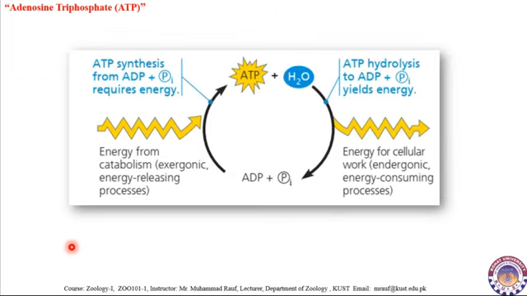This is the ATP cycle. ATP is synthesized and then hydrolyzed back into this form, then again synthesized. So this process is endergonic, and from where does this energy come? This energy comes from other catabolic reactions which are exergonic, and then when ATP is broken down, again energy is released, and this energy is incorporated in some endergonic reactions.